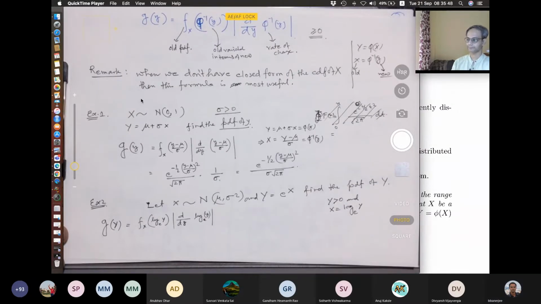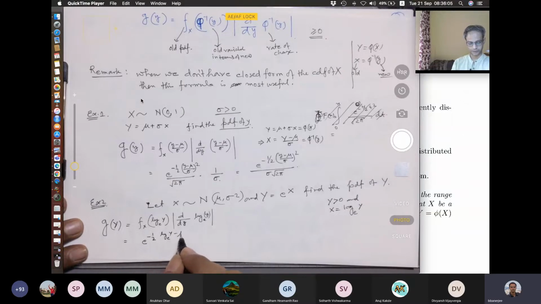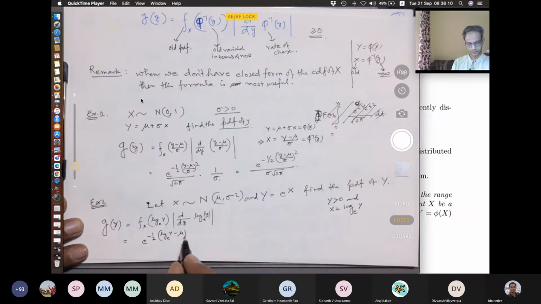Is it okay? Now, what will be this thing? E to the power minus half, log of y minus mu, whole divided by sigma square, this quantity square, root 2 pi sigma.